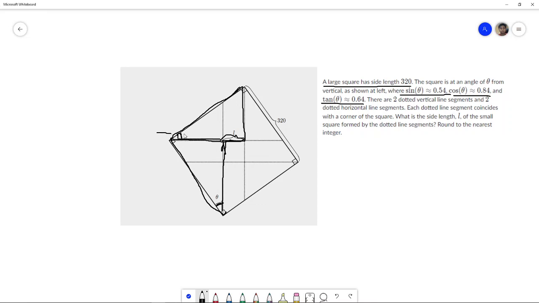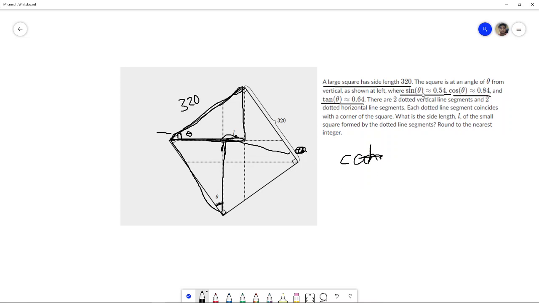If we have theta and we want to find the adjacent side of theta, we're going to have to use cosine, because cosine is adjacent over hypotenuse. And we have our hypotenuse, which is over here, because we know it's 320. So 320, just draw theta. And we're trying to find the adjacent side. I'm just going to call this A, just for simplicity.